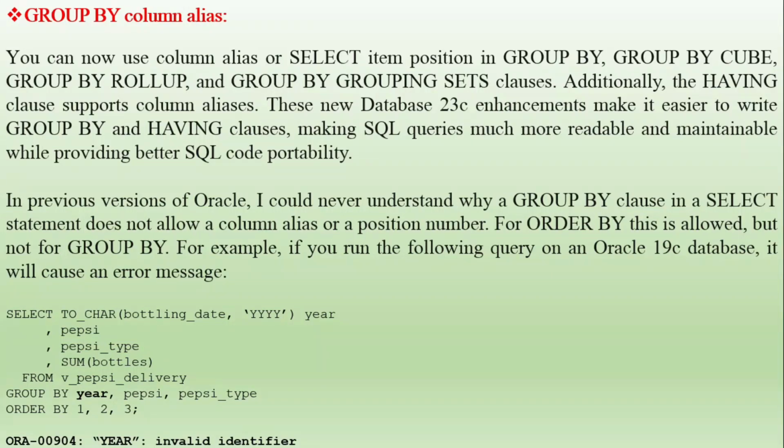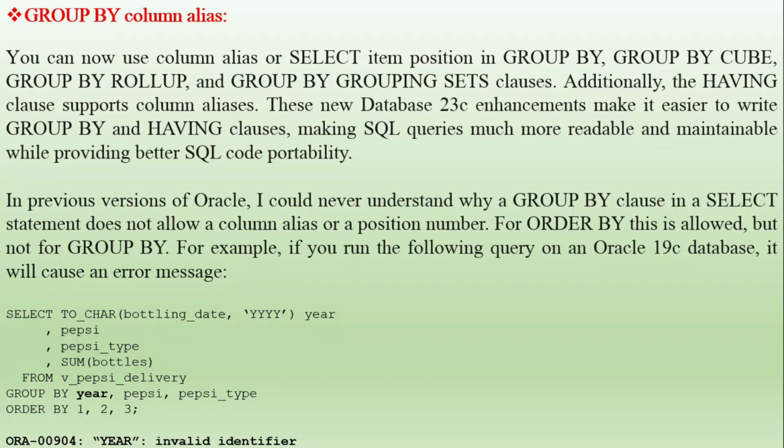Additionally, the having clause supports column aliases. This new database 23C enhancement makes it easier to write group by and having clauses, making SQL queries much more readable and maintainable while providing better SQL code portability.